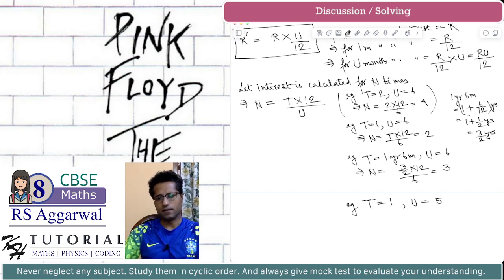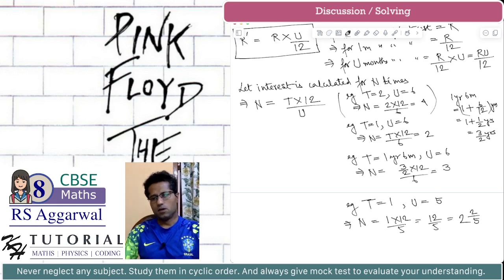So what will be n? N will be, T is 1 year, so 1 into 12 divided by 5, which is equal to 12 by 5, which is equal to 2 and 2 by 5 number of times.